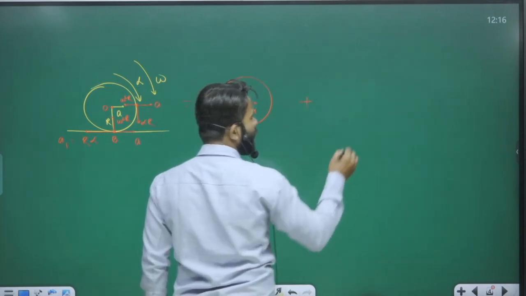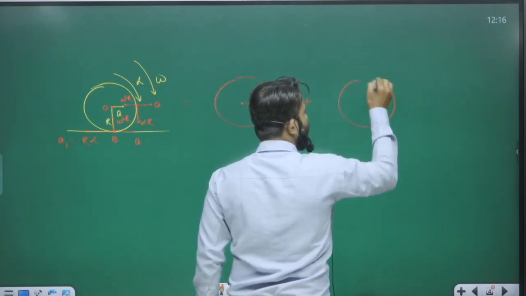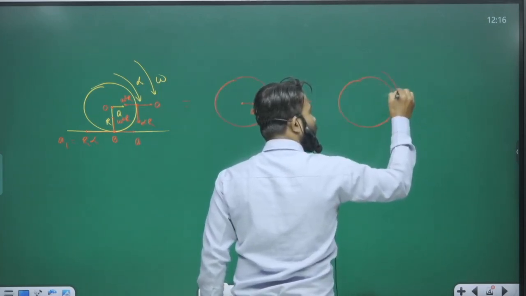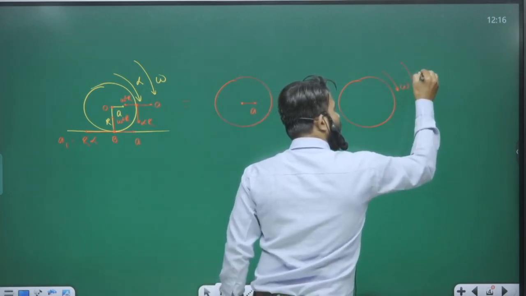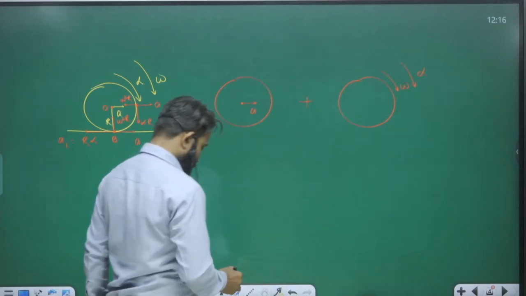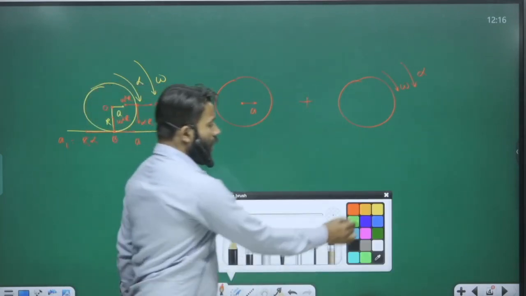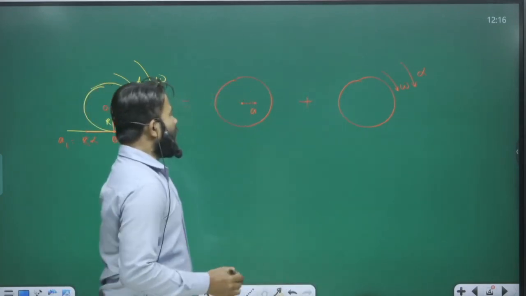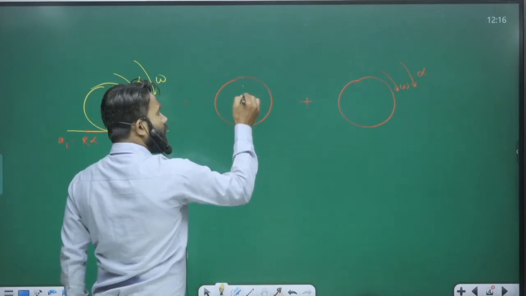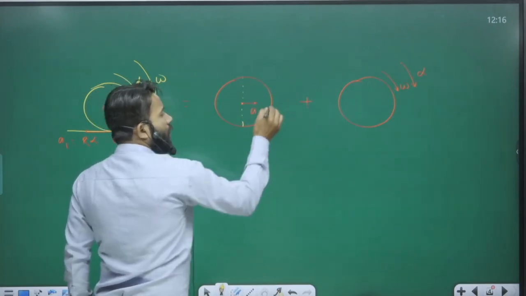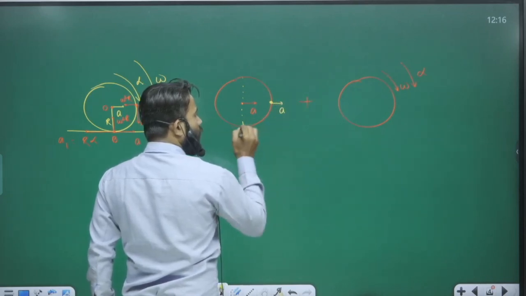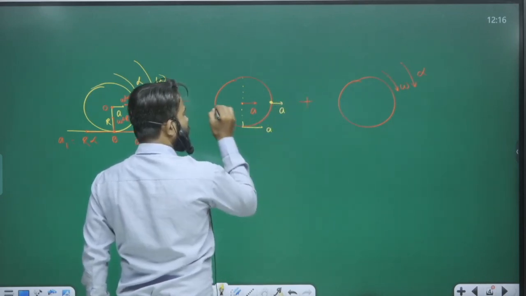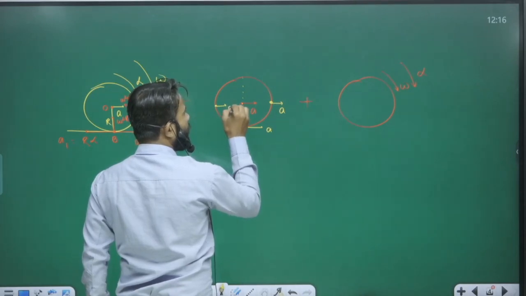Along with that, you can draw its rotational motion, that is it is performing rotation with angular velocity omega, angular acceleration alpha. Is it okay? Now, if you observe the acceleration due to translation, all the points will have the same acceleration in the forward direction A.